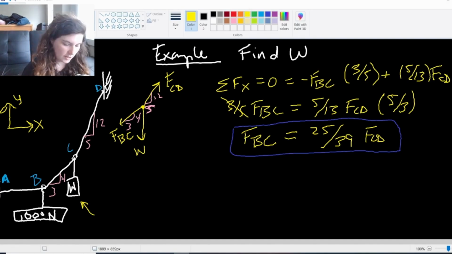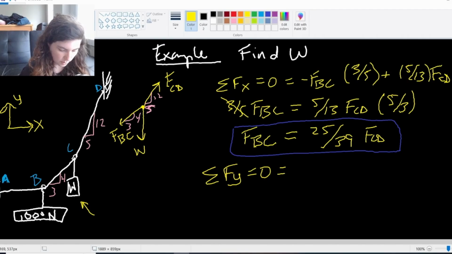Right, so now I'll do my summation in the y direction. Fy equals 0, and here we said my weight was entirely in the negative y direction, negative W, minus, because FBC is also in the negative y direction, FBC times its ratio relationship, which is 4/5.